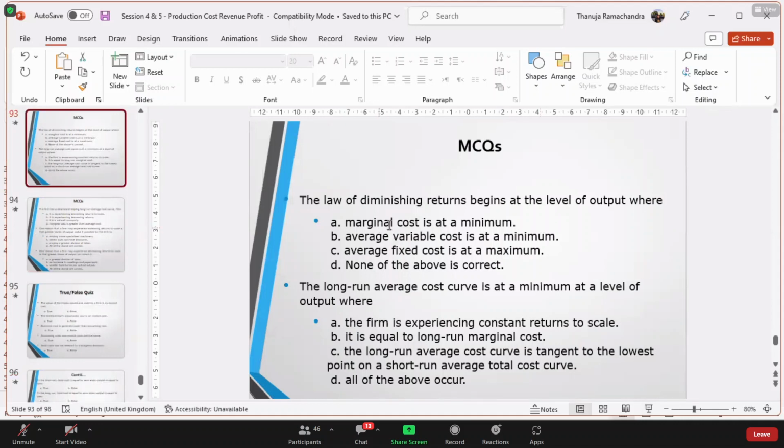So it definitely won't be that even the average variable cost is minimum, because we know that average variable cost is minimum after the marginal cost minimum. Therefore, diminishing returns set in before the marginal cost becomes minimum. So these two are wrong, and average cost at maximum is also wrong. So none of the above is the correct answer, isn't it? Anyone said that answer? No, nobody. Right. Look at the next one.